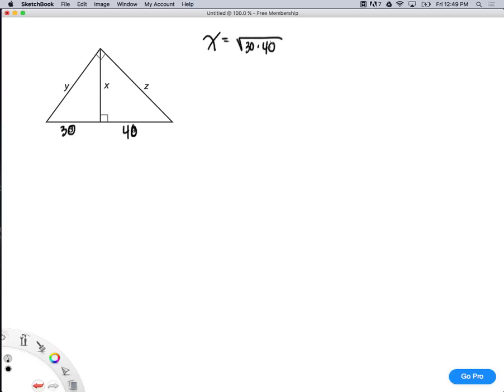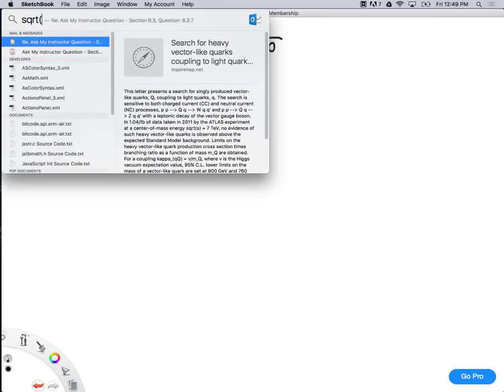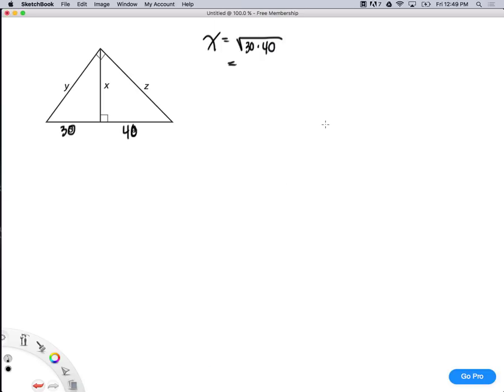Square root of 30 times 40, which equals 34.64. The question, though, is, okay, that's just the simple way, right? I know that if I've got an altitude that's splitting up one side of a triangle, then this equals the square root of this times this. You guys remember that? It's like x equals the square root of a times b, if this is a and this is b, right? Does that make sense?